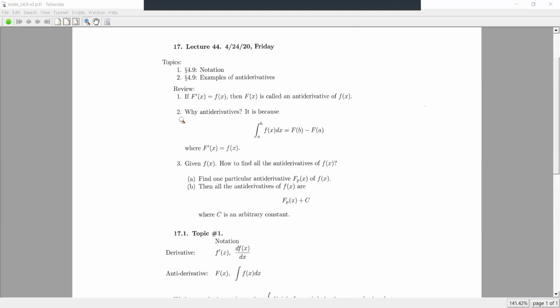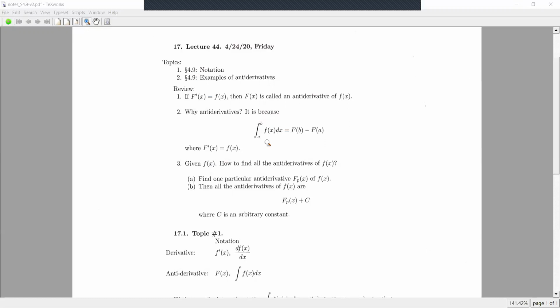Review number 2, why do we need to study antiderivatives? It is because antiderivatives play an important role in the computation of integrals due to this formula.